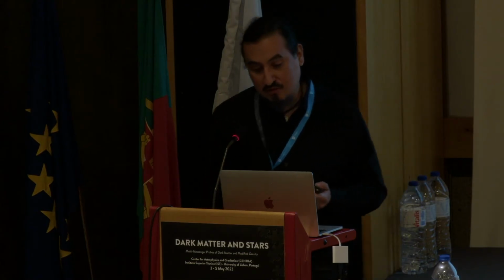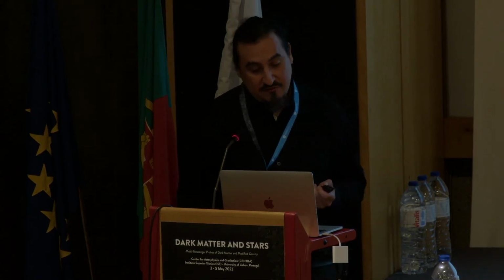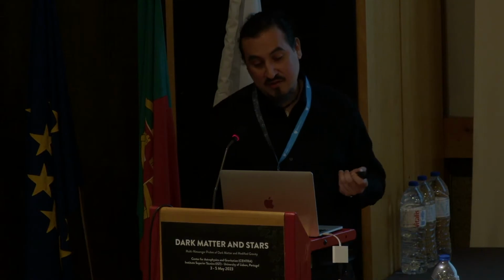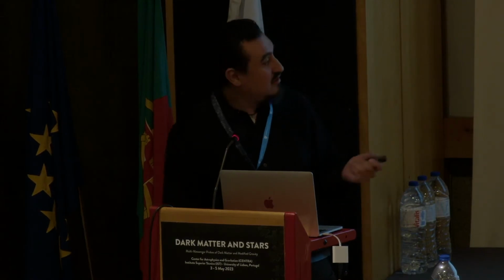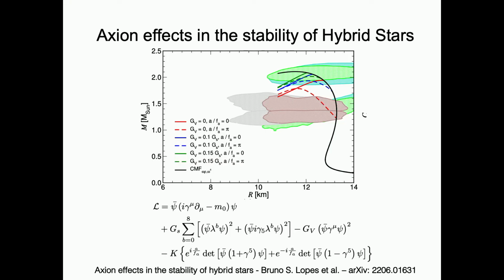There are other groups that have also been considering effects on the stability of neutron stars. In this work, the authors consider that the axions can change the topology of the mass-radius relation, just like a first order phase transition could do, for instance, for other types of matter.